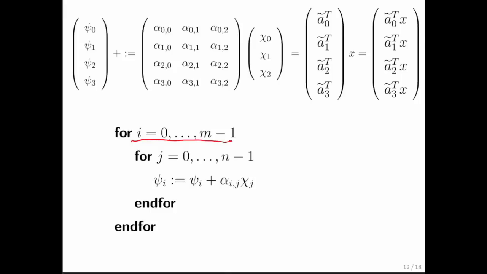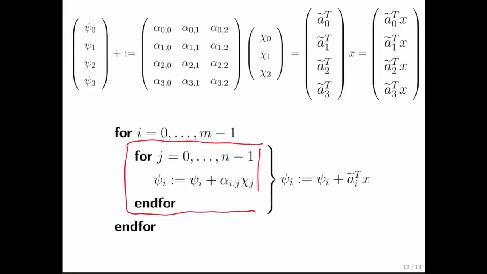It's still the case that i goes down the components of y and the rows of A. But what we can notice is that this second loop here was simply doing the inner products accumulating into the appropriate component of y.